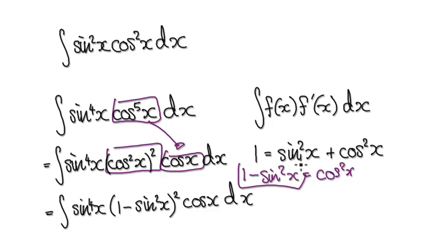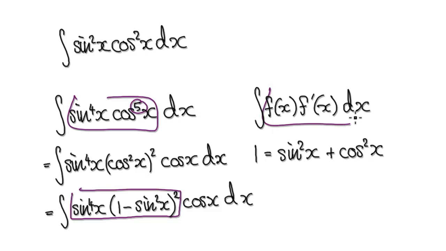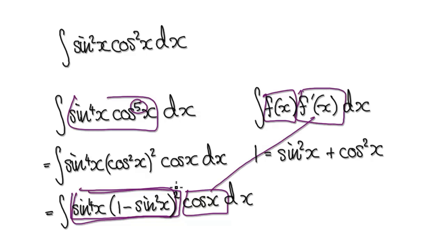You can replace this and put it into here. And the point here is that because this is odd, you can rewrite it in this form, where this thing here is f of x, and this thing here is the derivative of f of x. So if you have an odd number, you can always extract one block of cos.